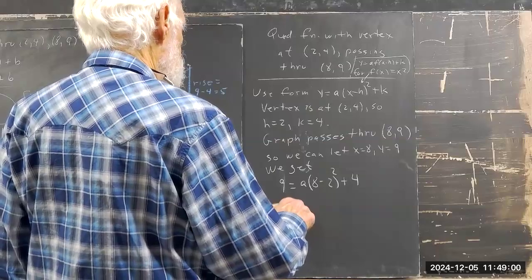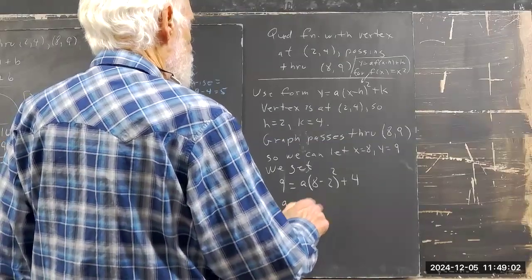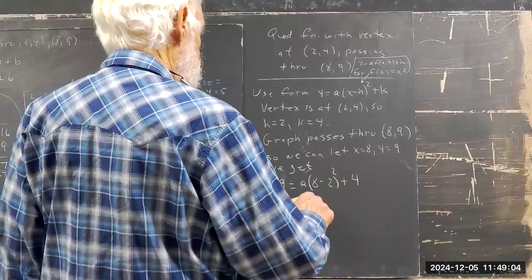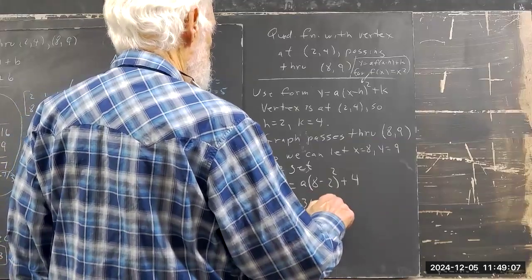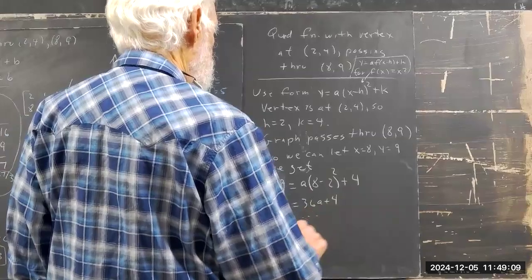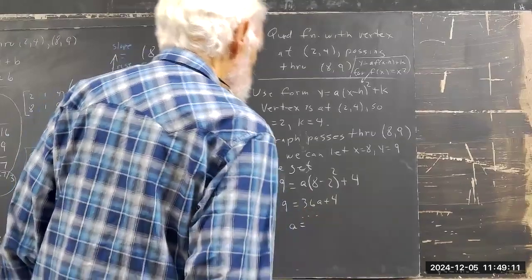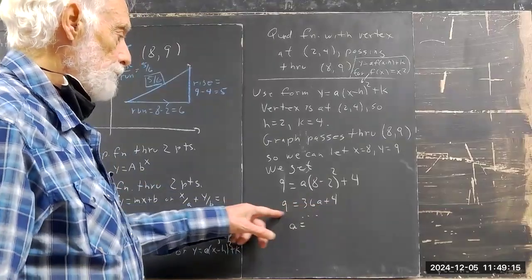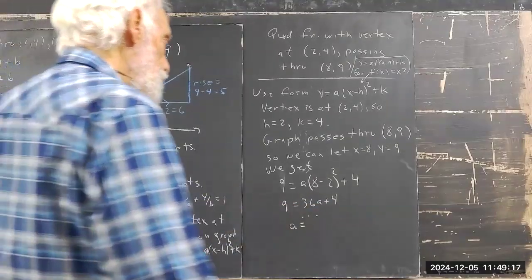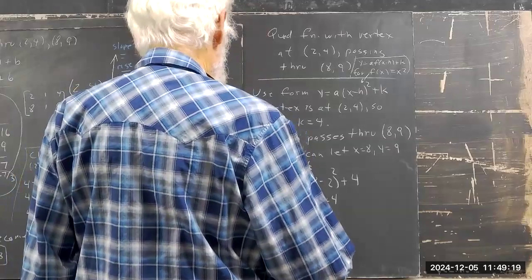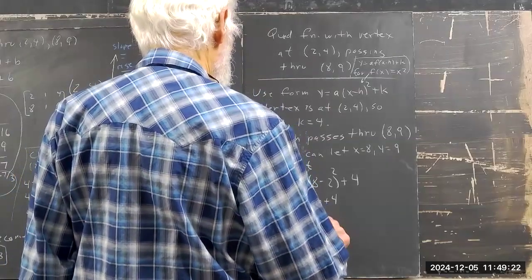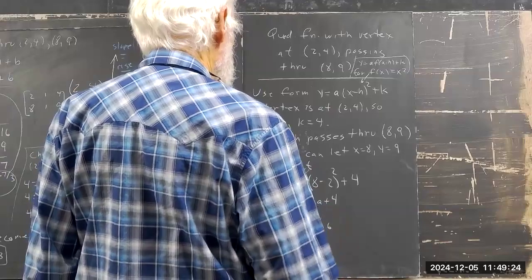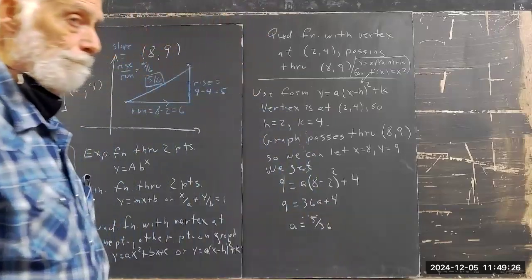We do a little arithmetic. 8 minus 2 is 6. 6 squared is 36. So what's a? Well, we're going to subtract 4 from both sides. We're going to get 36 a equals 5. A equals 5/36.